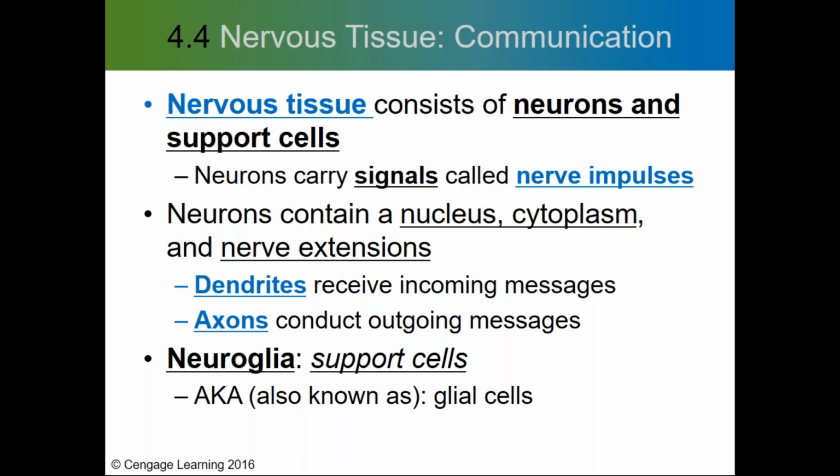Now, the one connective tissue that's not really being repaired would be cartilage, because there's no blood supply. So that's similar in that it's not really repairing itself. Minimally repairing itself, let's put it that way. Neurons contain a nucleus, cytoplasm, and nerve extensions. When you think of the inner portion of the cell, that's called the cytoplasm.